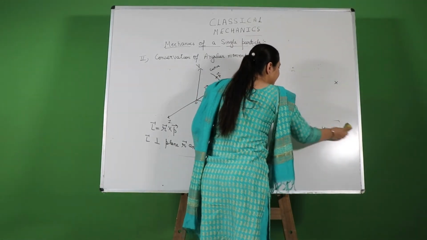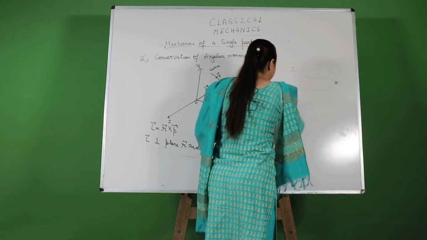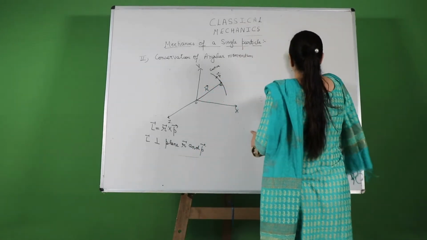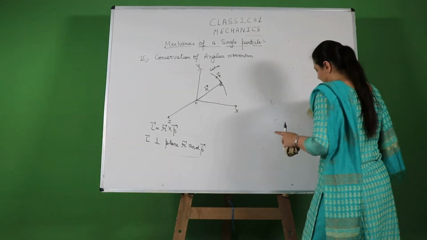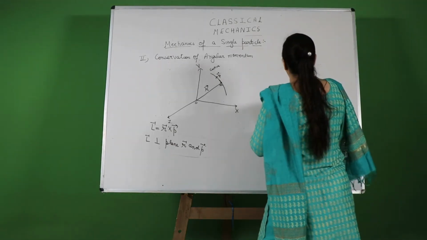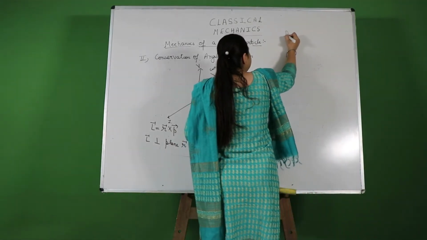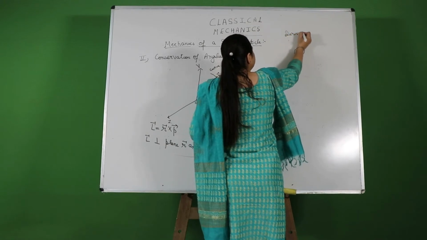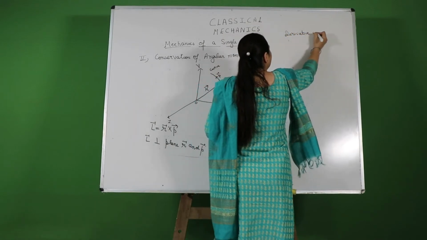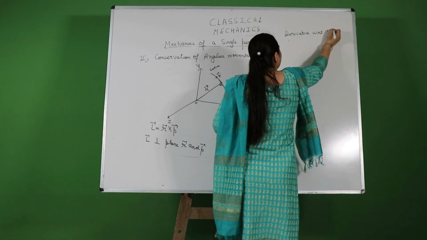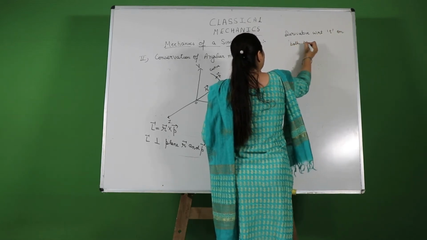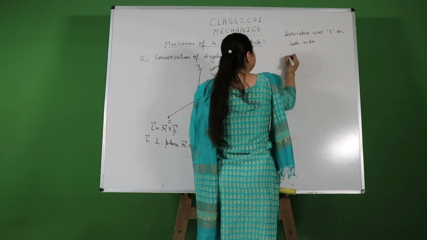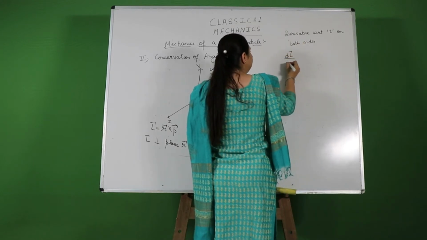taking derivative with respect to time on both sides. So what will happen is, when I take derivative on both sides, I will have dL upon dt.